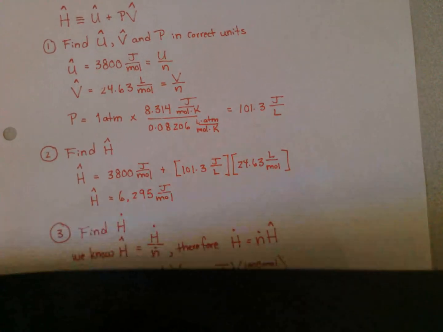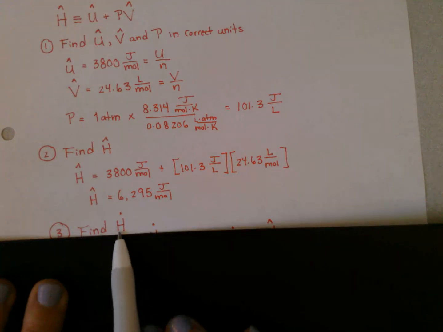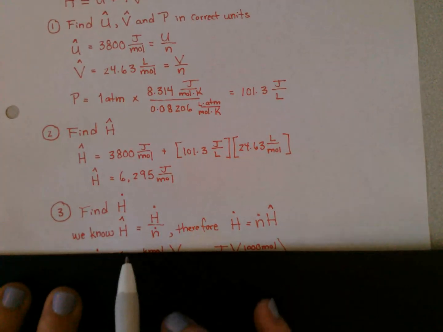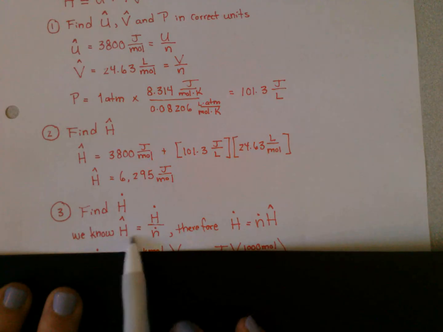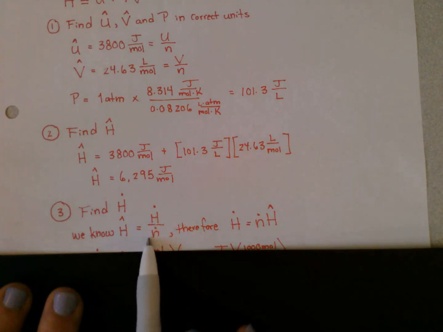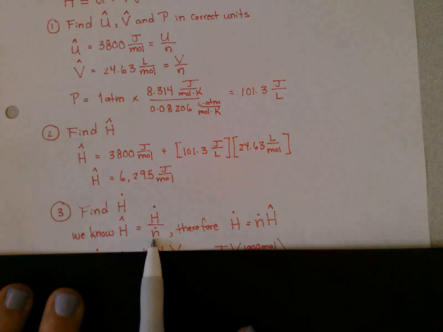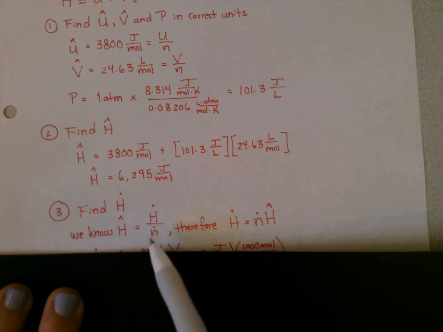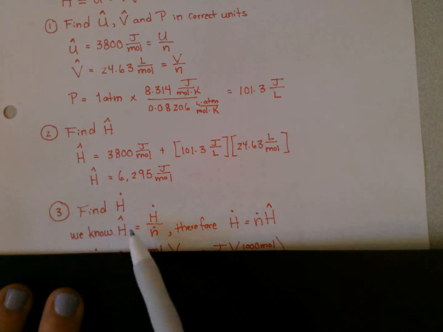Now, remember, the ultimate goal is to find H dot. So we know that your specific property is defined as that property divided by either moles or mass. And in this case, we're dealing with molar rates. So everything can have a dot on it or everything cannot have a dot on it, and it's still the same over here.